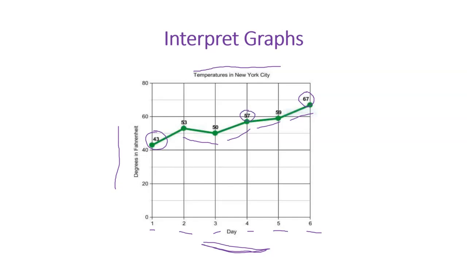Say, for example, from day 4 and day 3, there is a difference of 2 degrees Fahrenheit. The highest difference I can see is from day 1 to day 2, because from 43 it right away jumped to 53. So this is just a small piece of information that you can gather if you're looking at any graph, which is going to give you a lot of information.